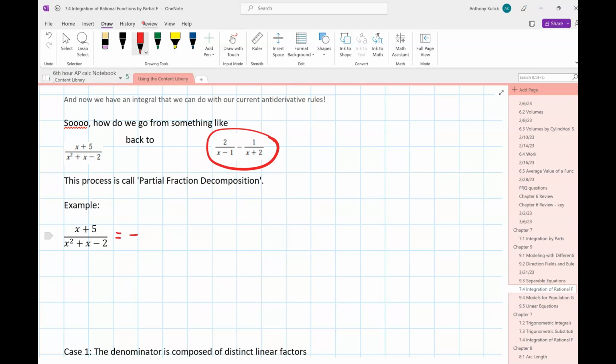I would start by factoring the denominator, x² + x − 2. How does that factor? It's going to be (x + 2)(x − 1). Everybody okay with that?